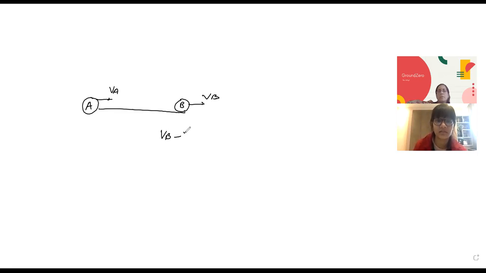VB minus VA. So how do you write that? VAB. Or is it VBA? Velocity of A with respect to B. If you are asking the velocity of A with respect to B, what will it be?